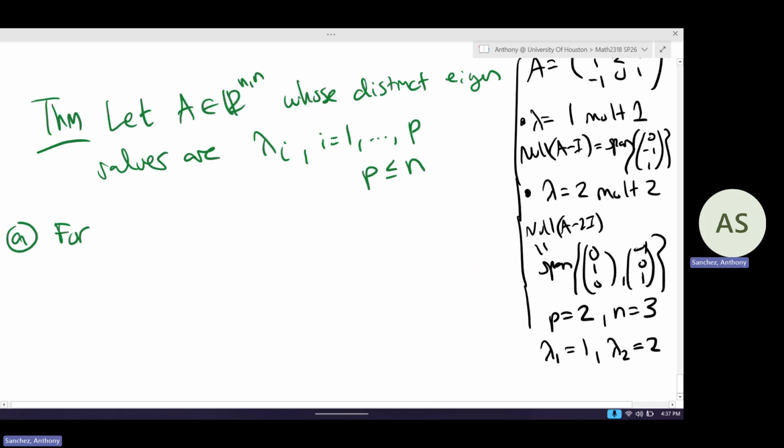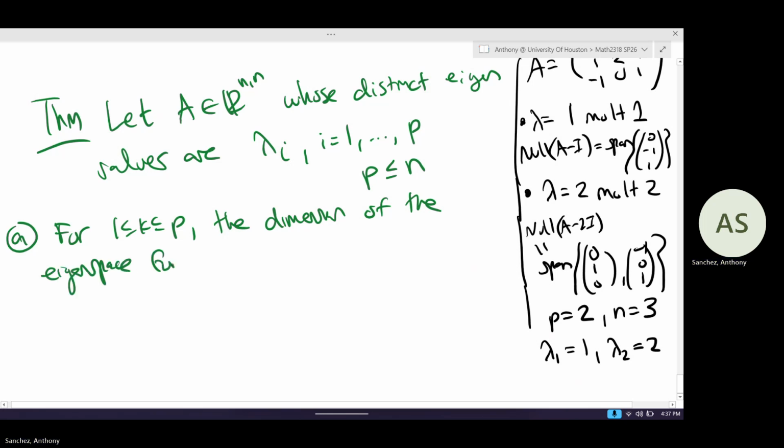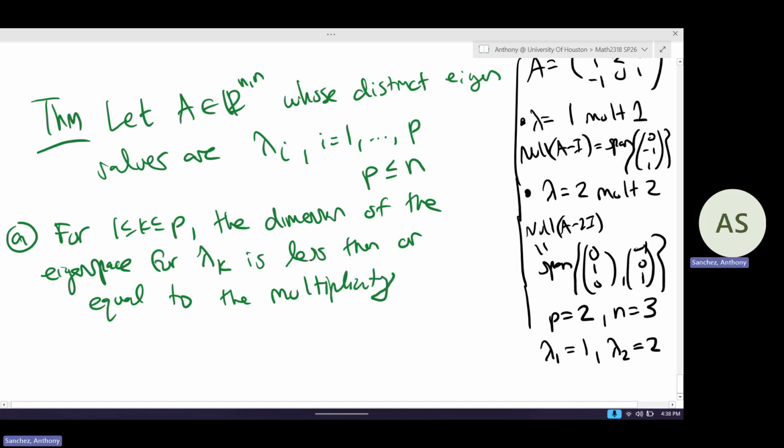For each one of these values, for 1 less than or equal to k less than or equal to p, the dimension of the eigenspace for lambda_k is less than or equal to its multiplicity.